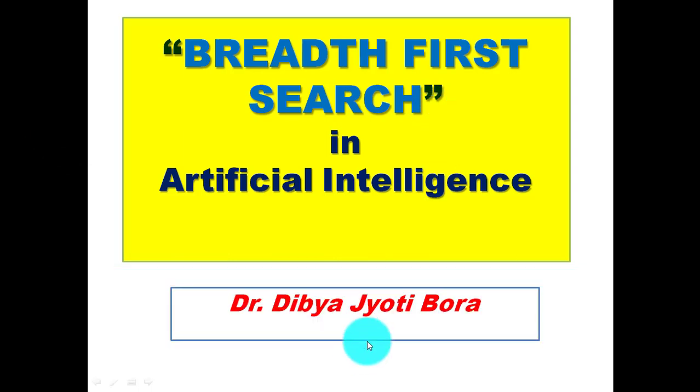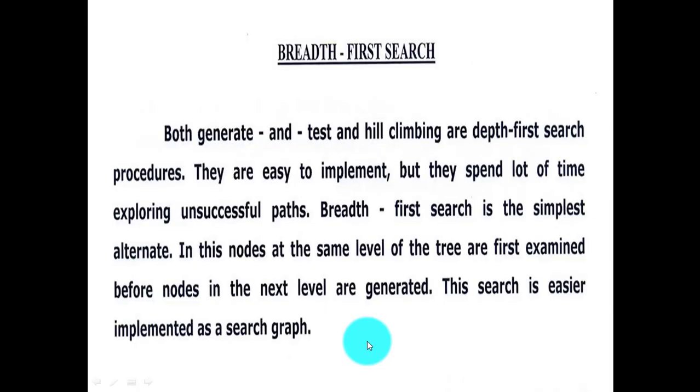So let's begin. Breadth-first search, as you have already gathered, is also a blind search technique. But you know that we have other blind search techniques like depth-first search. Both generate-and-test and hill climbing are depth-first search. Although they are easy to implement, they spend a lot of time exploring unsuccessful paths.